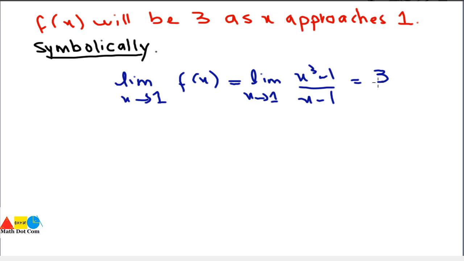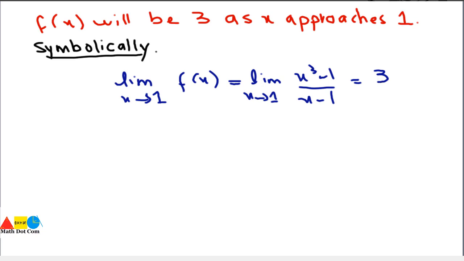It means when you are using values less than 1 but not equal to 1, the given function is approaching the value of 3, as we have already seen.